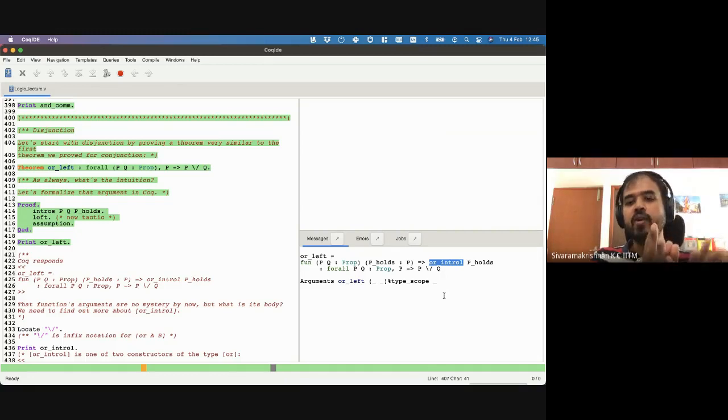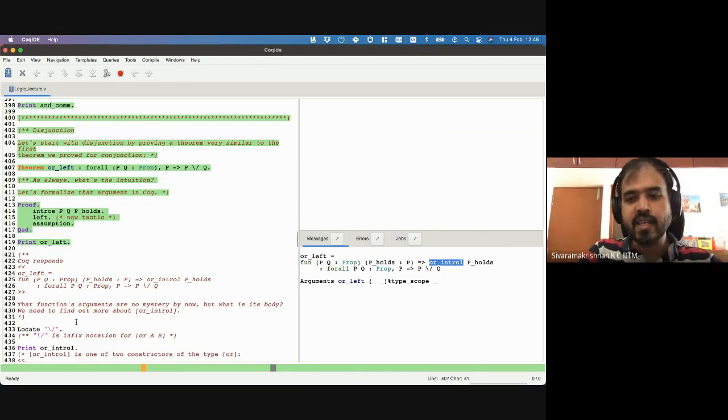Basically, what or_introl does is it takes one piece of evidence and puts it as the left piece of evidence in a disjunction. And the right piece could be anything at all. And similarly, there is a dual, which is or_intror. The last R stands for right. Given a piece of evidence, it says this piece of evidence is the evidence for something of this type. So that's the idea here.